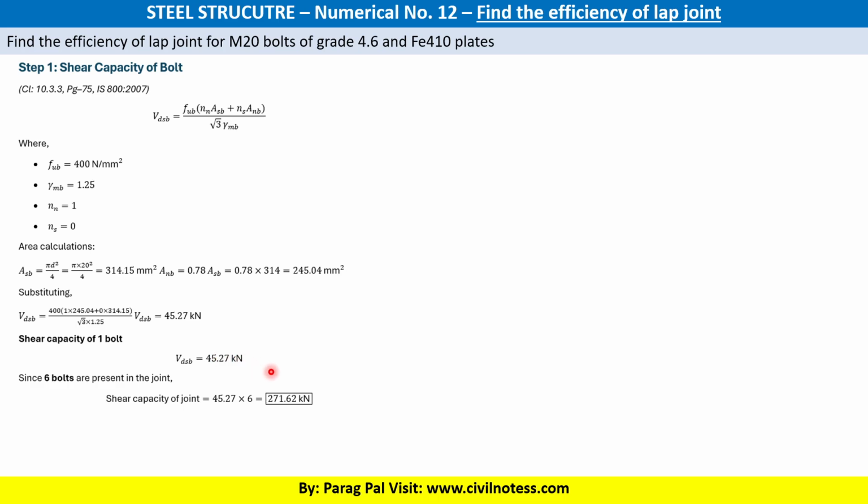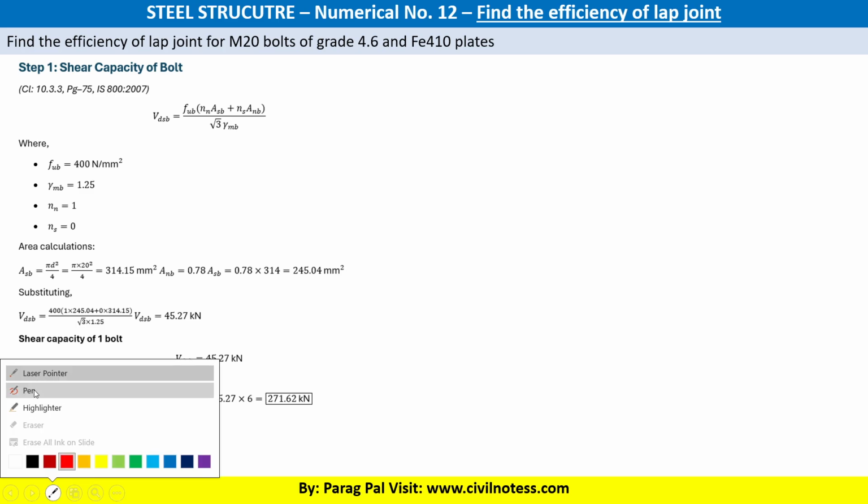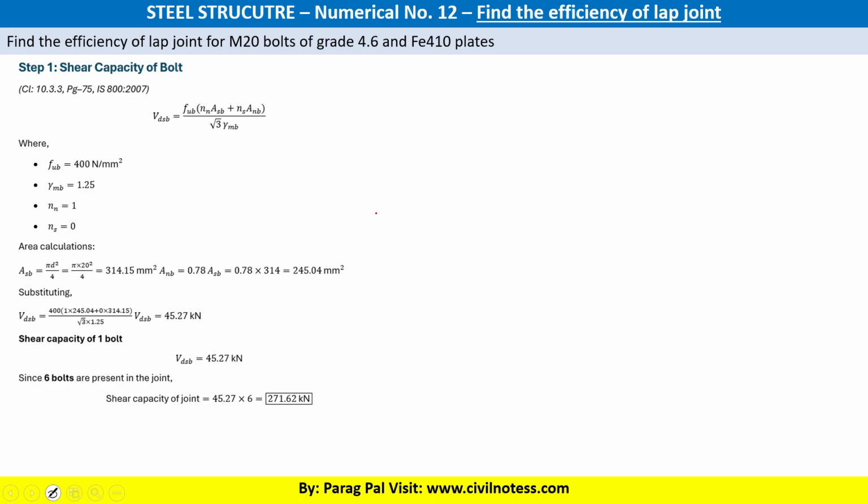Here, if a diagrammatical representation had been provided that would be good, but let's understand that for this lap joint we have the arrangement of the bolts in this way: one bolt here, second here, and third here, and in a similar pattern bolts 1, 2 and 3.